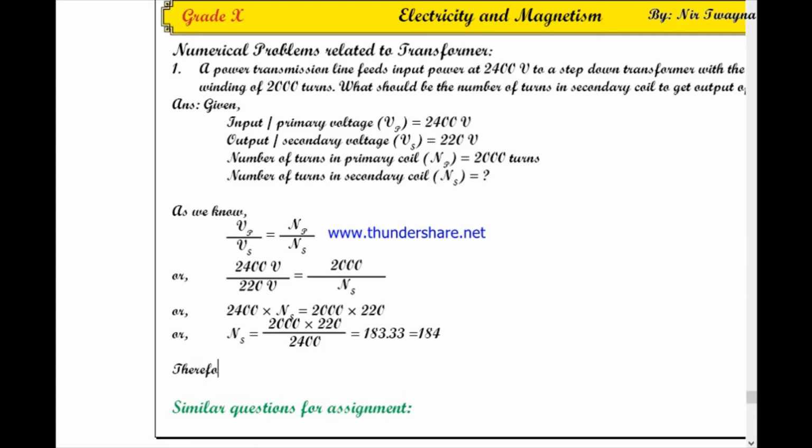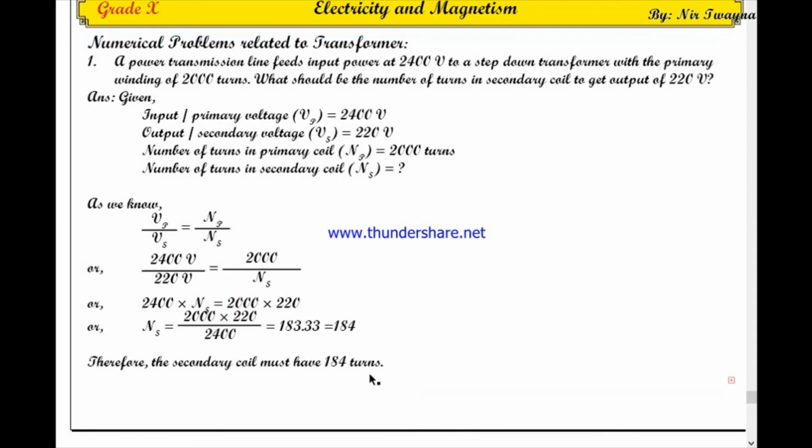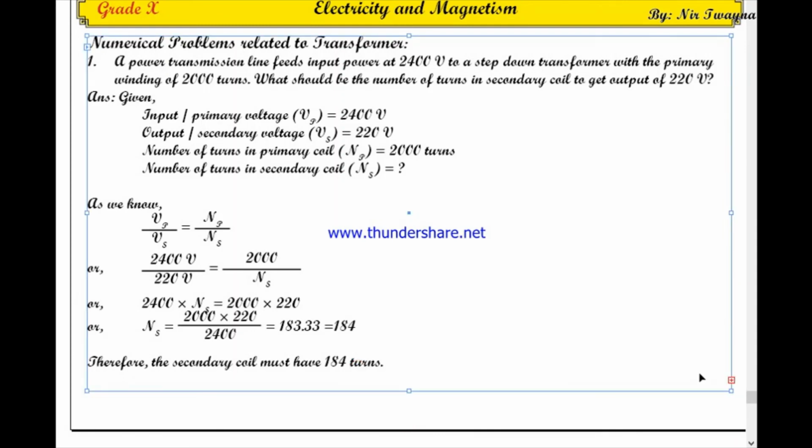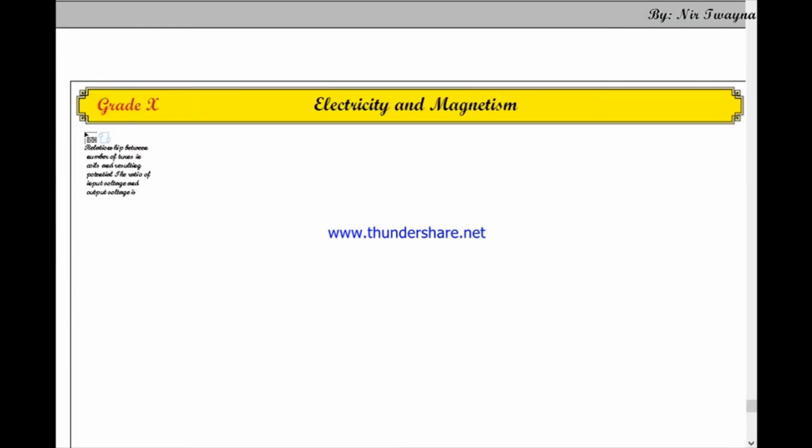Therefore the secondary coil must have 184 turns. Okay, any confusion? I hope there is no confusion in doing this numerical, because this is perhaps the simplest numerical in your whole lesson, in your whole book.